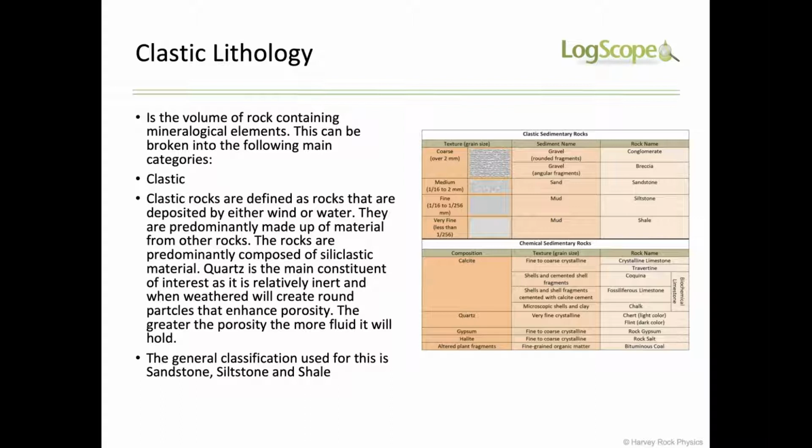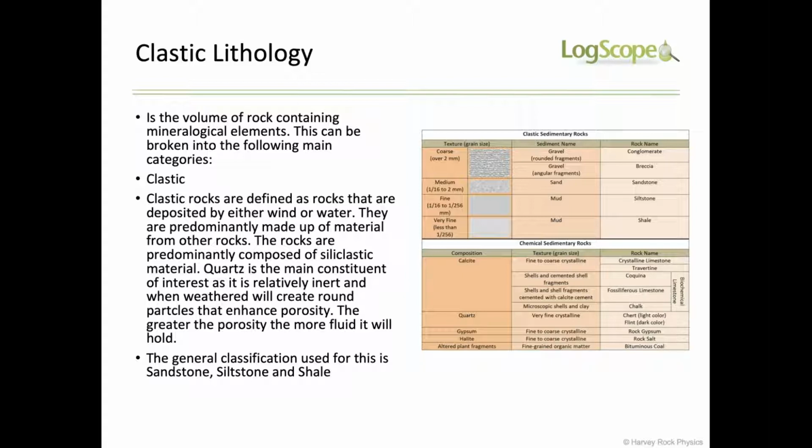The basic types of lithology that we have at the moment is clastic, which defines rocks that have predominantly quartz or can have feldspar grains, and are defined in sandstone, siltstone, or shale. Shale is generally clay with fragments of silt or larger sized particles.